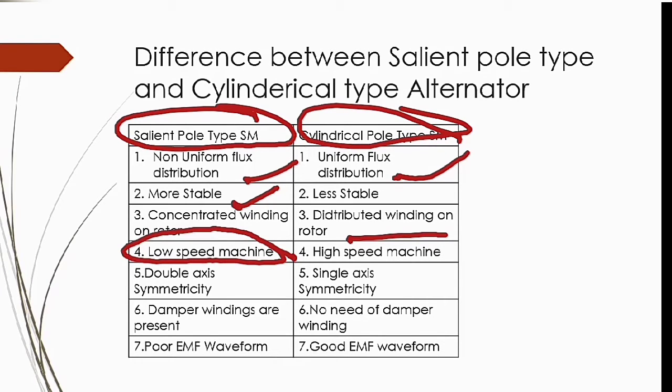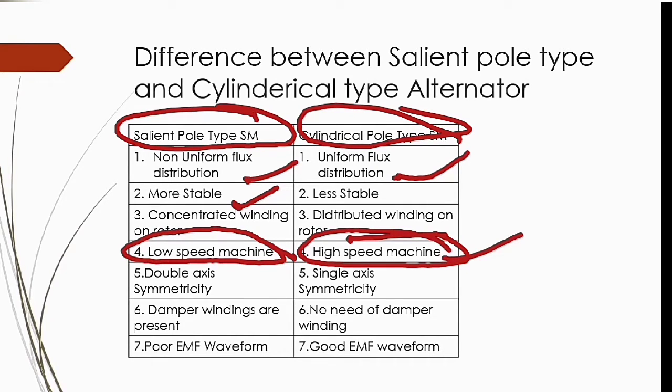Salient pole type is generally used for hydro power plant stations or any power plant where there is a low speed requirement. For the turbo generator we use the cylindrical pole type synchronous machine, because there we use a high speed machine.